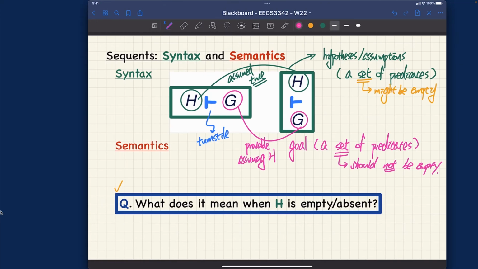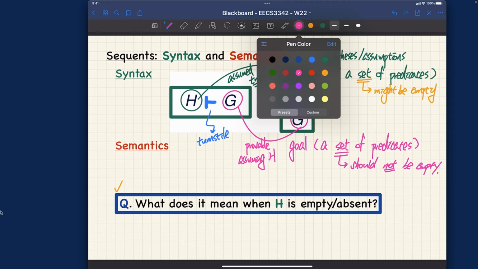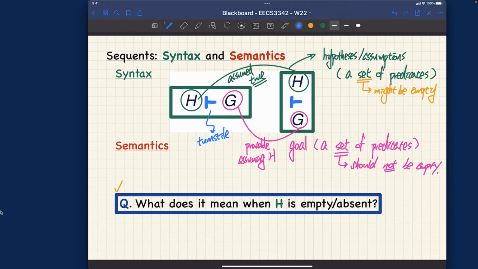If I write, let's say, a horizontal form, H turnstile G over here, think about this expression itself as just another predicate. Well, it's more like an operator, right? Think about this more like an operator combining two sets of predicates together.